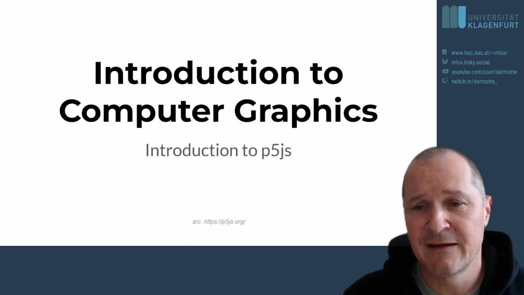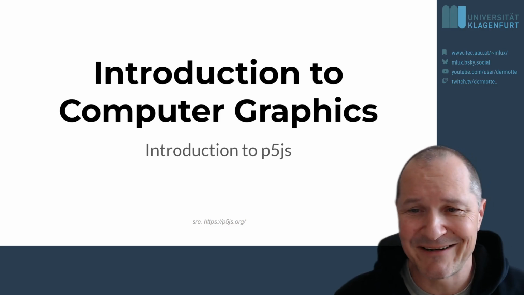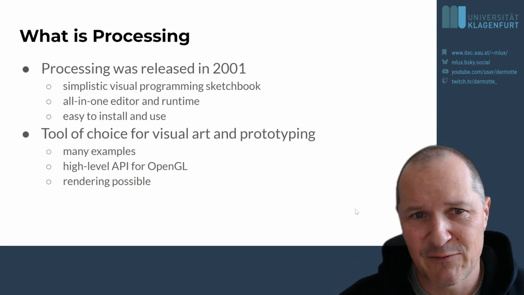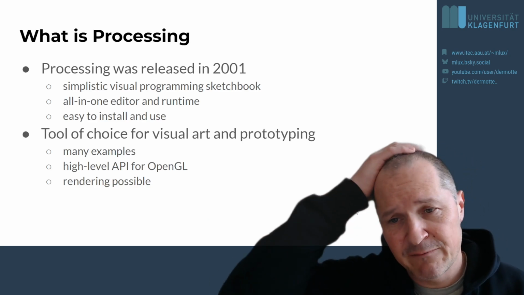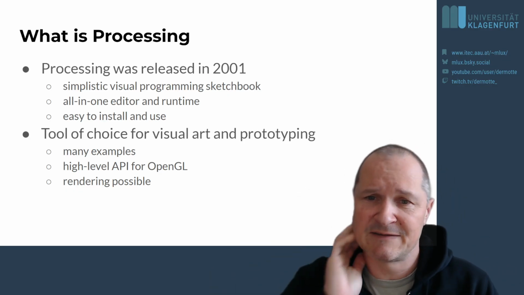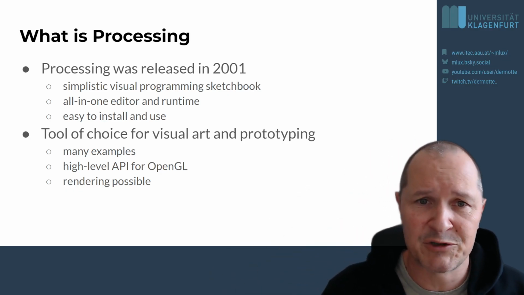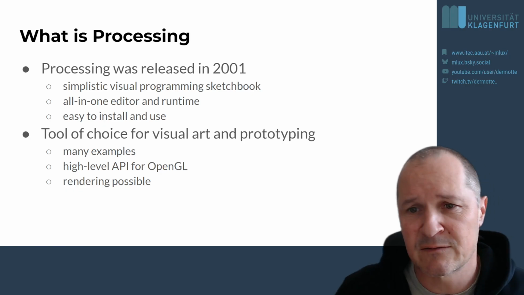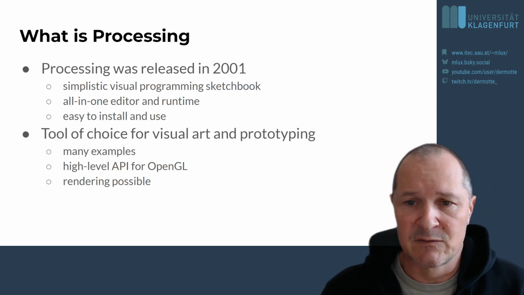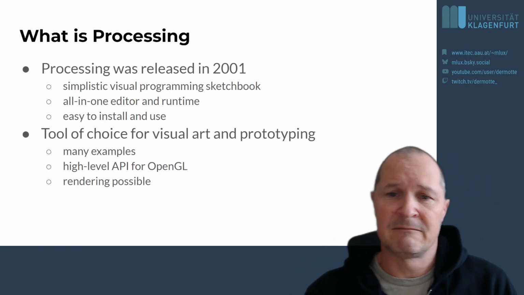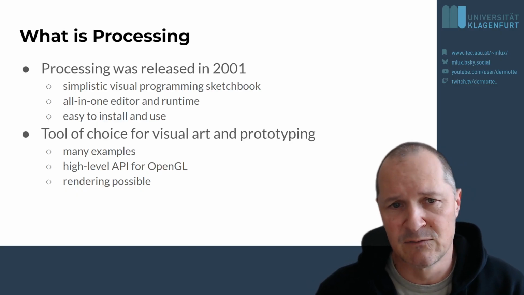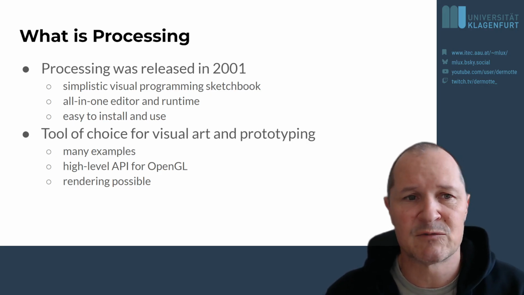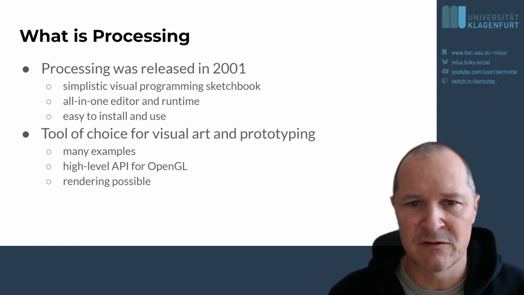Okay, and for today, it's very important to get our hands dirty with programming, and that's what I'm actually here for. So why p5js? p5js is a web-based version of processing, and processing was released in 2001. So the idea was to let artists and developers just use a little tool that wraps most of the complexity from Java, and you could do visual art and prototyping.